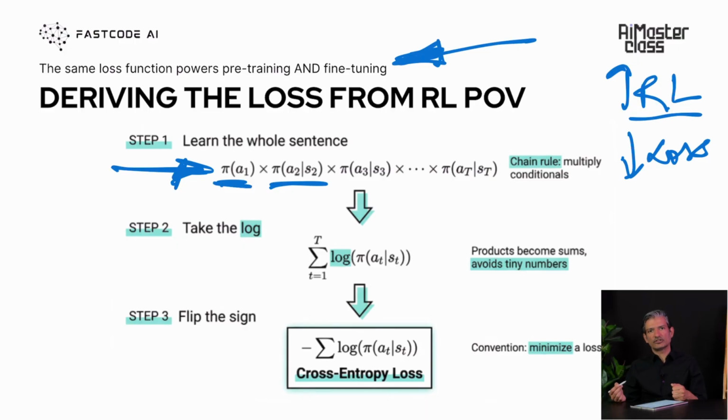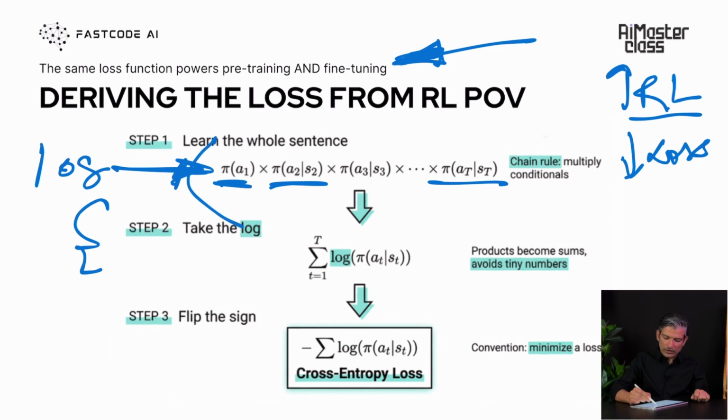Then we want to maximize the probability of A3 given S3, and so on, all the way to the probability of A_T given S_T. So what we then do is we just take a log, right? Because we can then convert the multiplication of all these probabilities into a summation, right? So if you just take a log of this, you can write this as a sum of logs, right?